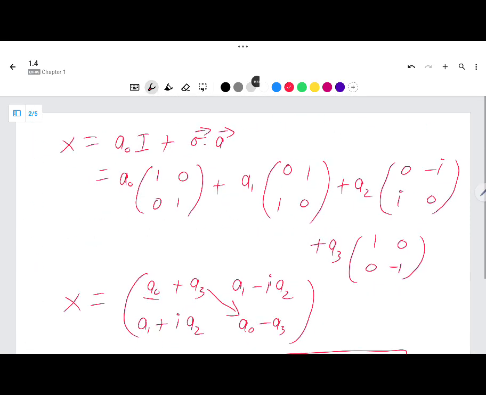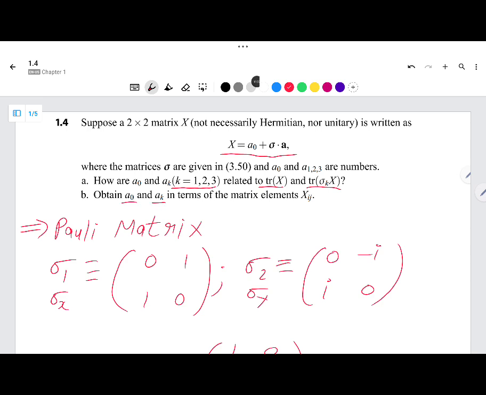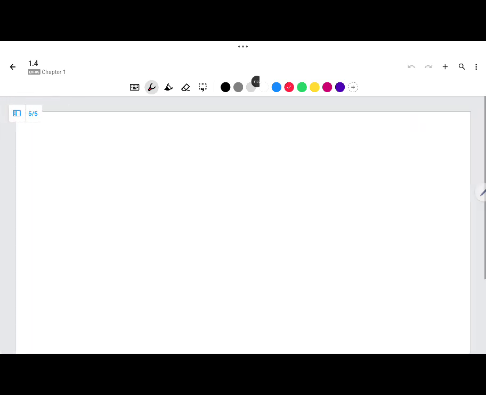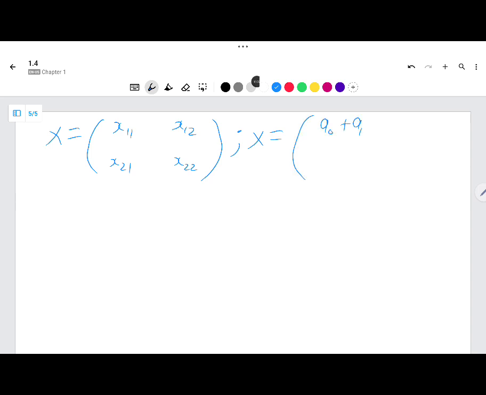Now next we need to obtain a0 and a_k in terms of the matrix elements x_ij. Suppose one writes X as x11, x12, x21, x22, then we have shown how we can write X in terms of Pauli matrices.